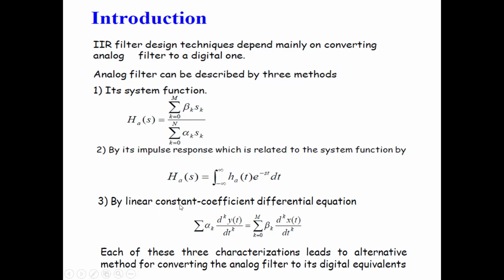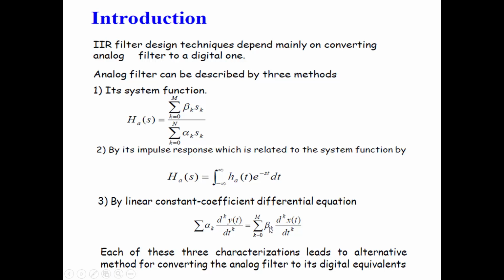Right. The third way to represent the analog filters is by linear constant coefficient differential equations. The left hand side of this differential equation has the summation of alpha k coefficients times the kth derivative of y(t).